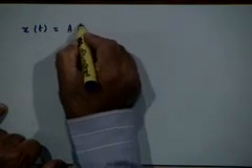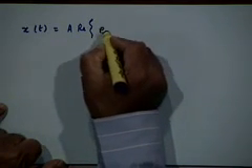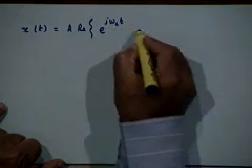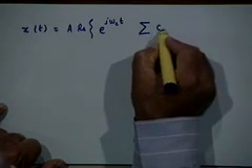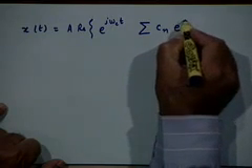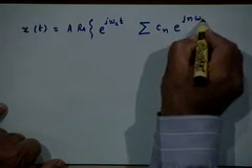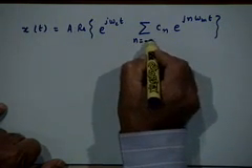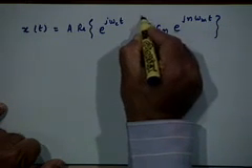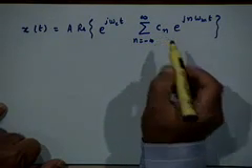So your x of t is a times real part of e to the power j omega ct, and what is the complex Fourier series that we have just derived? C sub n e to the power j n omega mt, right? And C sub n is nothing but J n beta, right?